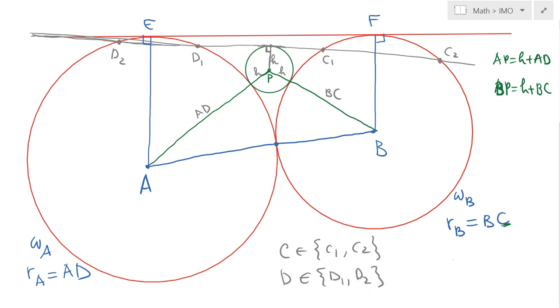Now consider a fourth circle, and this one is hard to draw, but I will try it. This fourth circle will be tangent to circle omega A and omega B, but it will also be tangent to EF. It is kind of like the limiting case for the green circle, the largest that the green circle can get. So let me try to draw this circle.